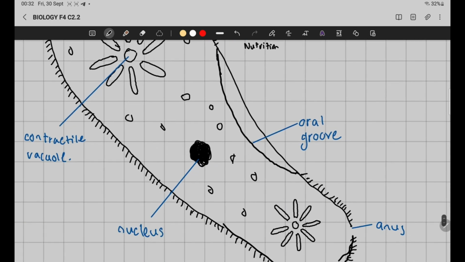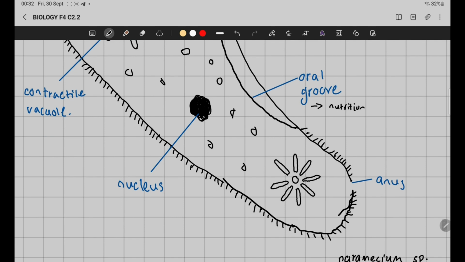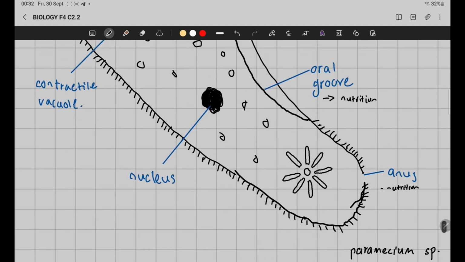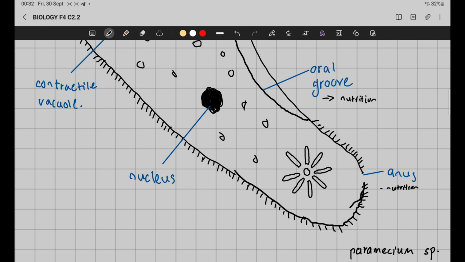And then we have the oral groove. This will play an important role in nutrition. And then you have the anus, also in nutrition, which I will explain in more depth later. And the nucleus. Referring back to our previous lesson, the nucleus acts as the central command, like the brain of the cell. So the same goes here.